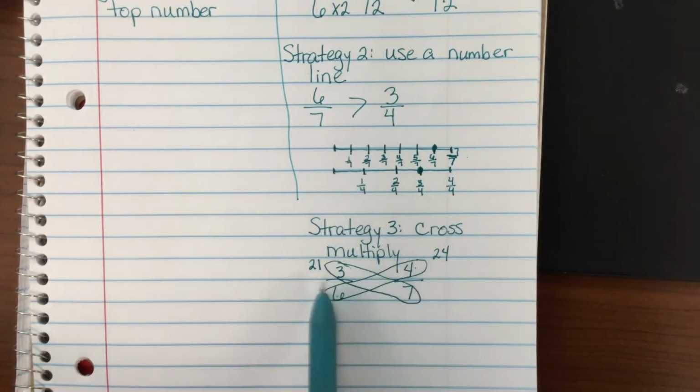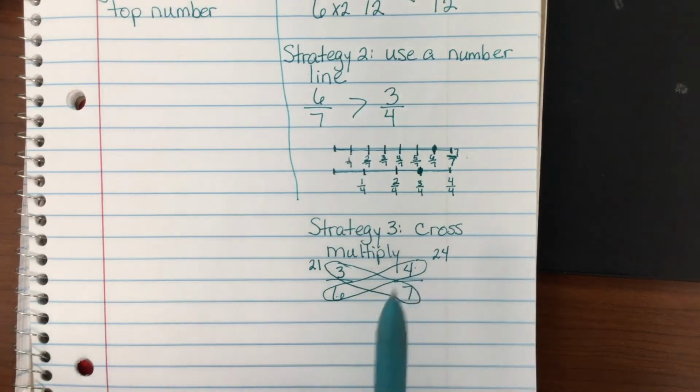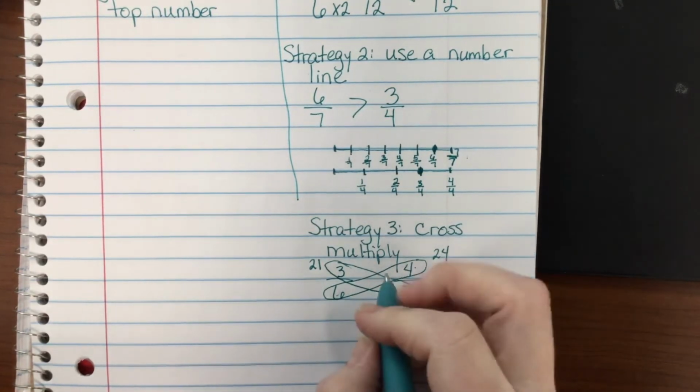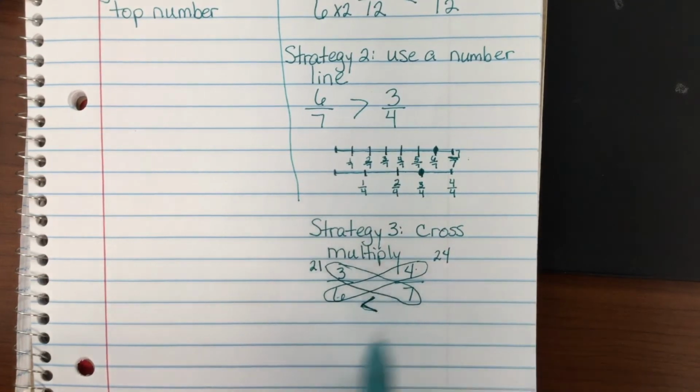And then I compare my two numbers. I compare 21 and 24. So 24 is bigger. So my symbol is less than. And I'm not going to stick it right here because it'll get all mumbled jumbled in there. So I would say 3 6 is less than 4 7s.